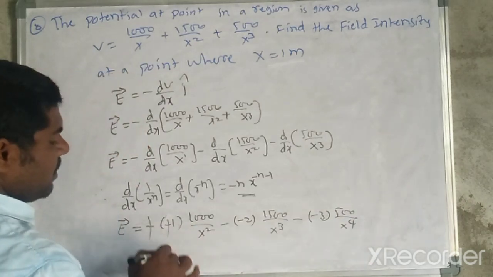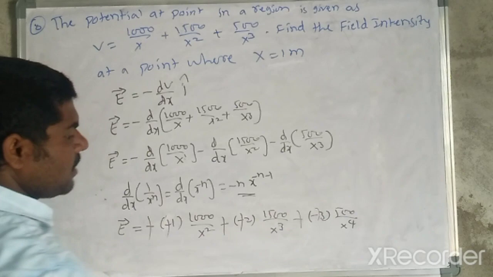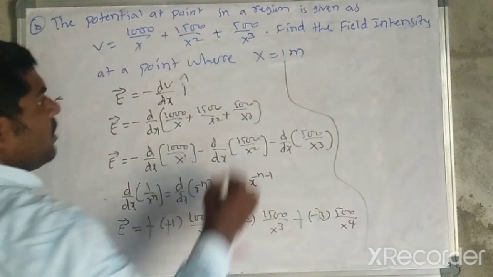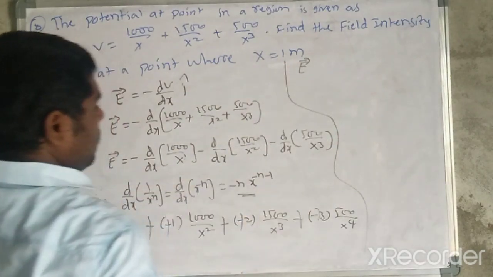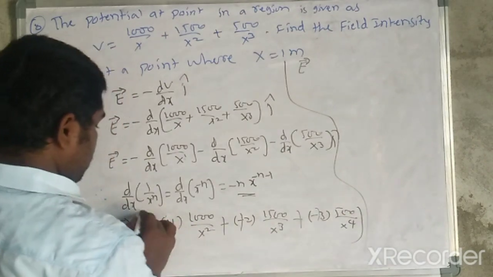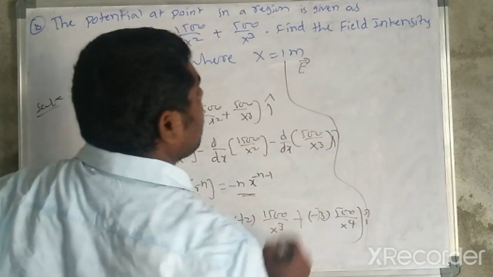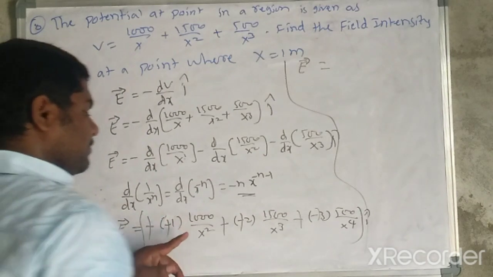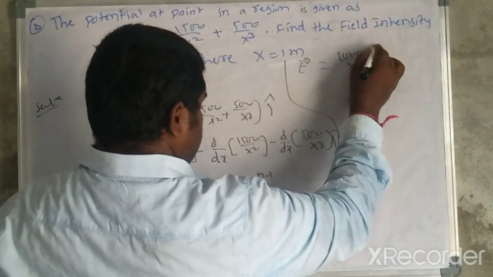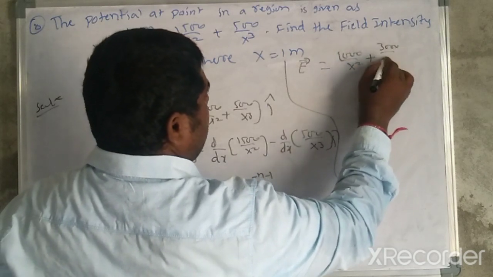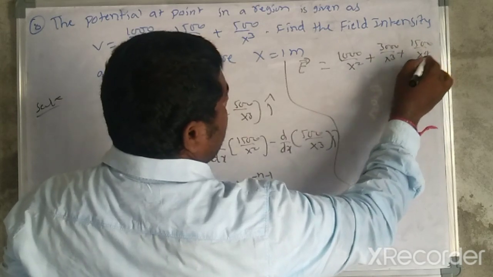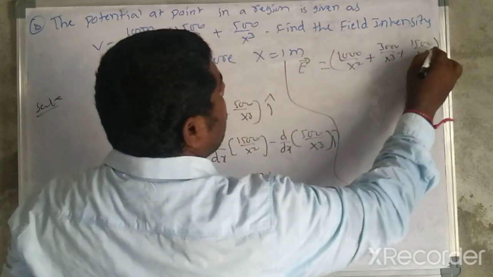So the minus signs get cancelled. Here the electric field E bar, all along i cap in the x direction, is equal to 1000 by x square plus 3000 by x cube plus 1500 by x power 4, along i cap.